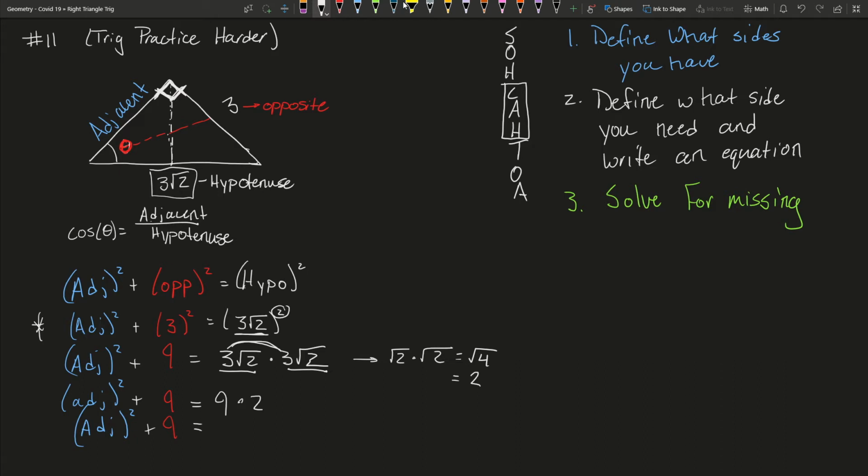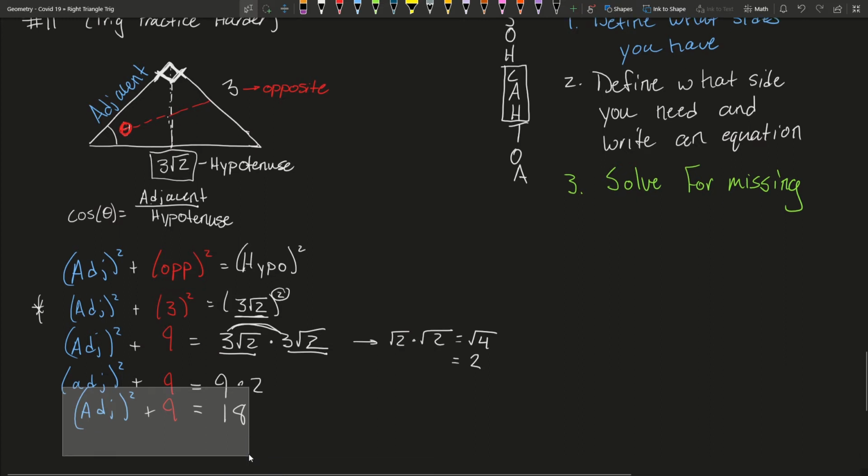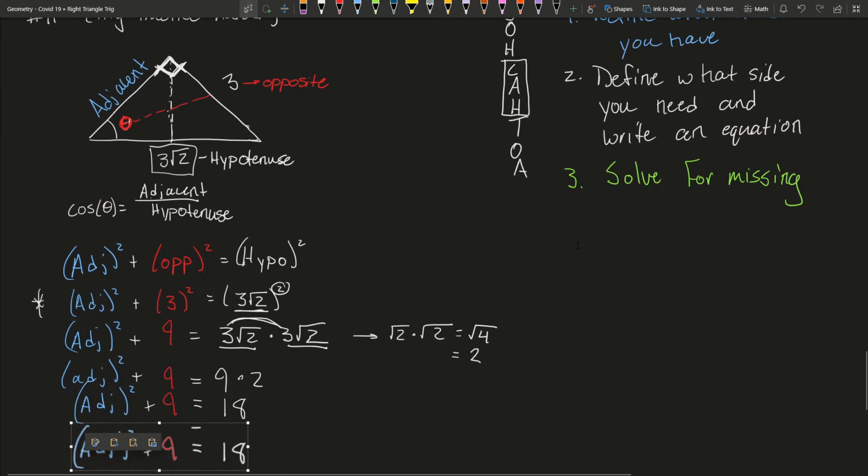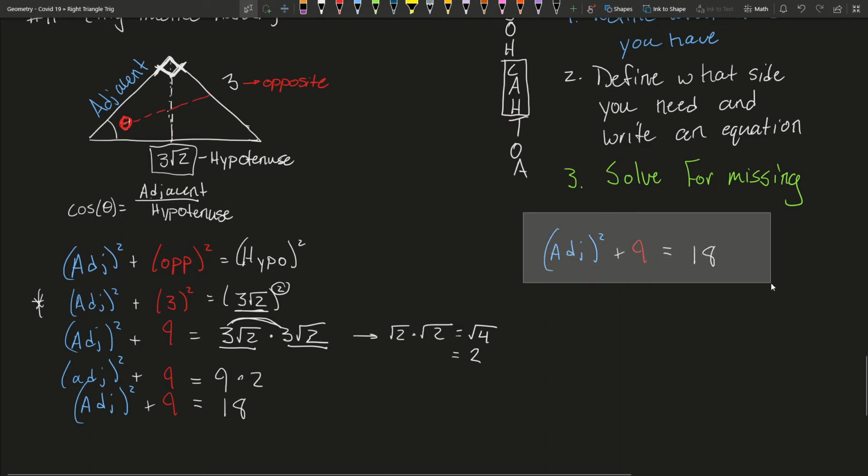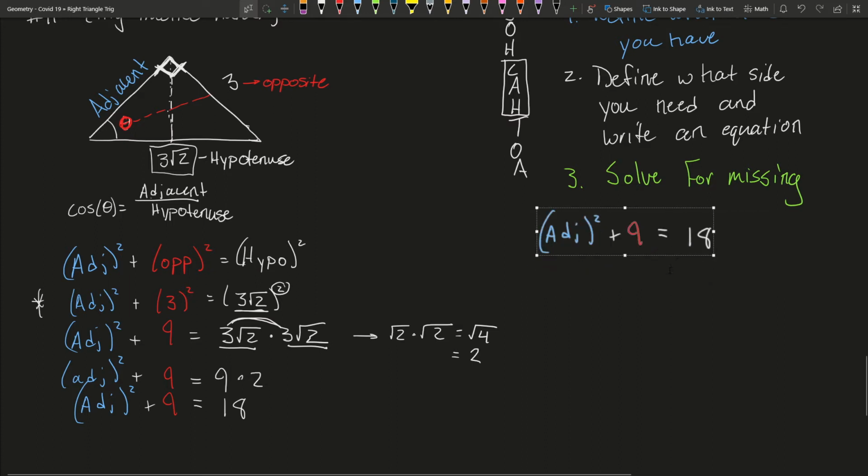Then we can simplify a little bit further. 9 times 2 is 18. All right.